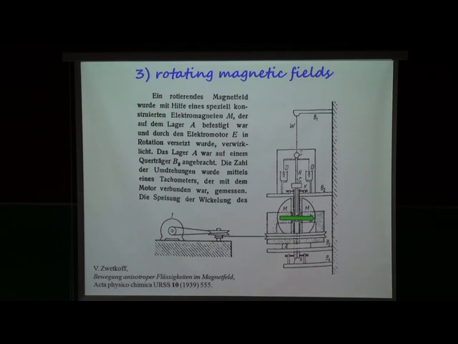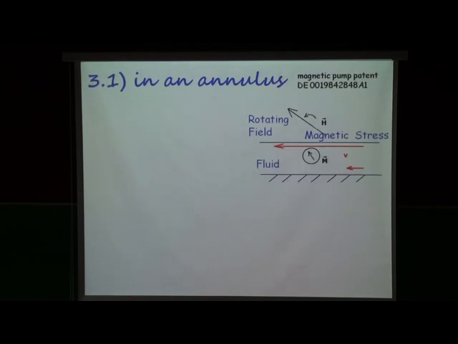So this idea at least was later adopted by Moskowitz and Rosensweig, and they found an interesting effect but didn't understand it, that the rotating field spins up a flow.